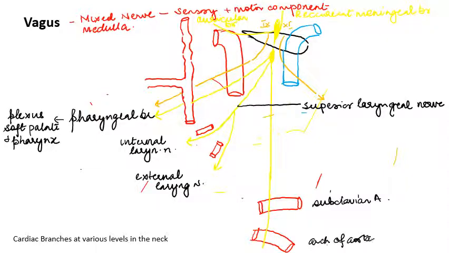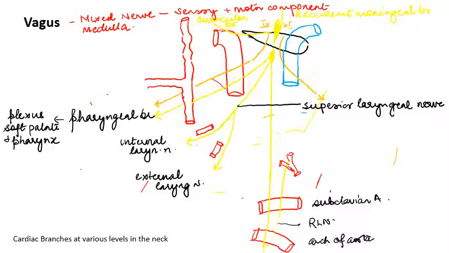And on the left side here, it gives rise to the recurrent laryngeal nerve, which goes posteriorly to the arch and enters, having a relation with the inferior thyroid artery, and it enters into the larynx. The recurrent laryngeal nerve, as we've talked about a little bit earlier, enters into the larynx.